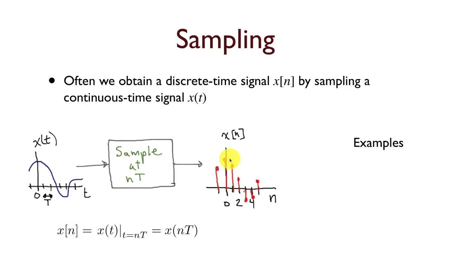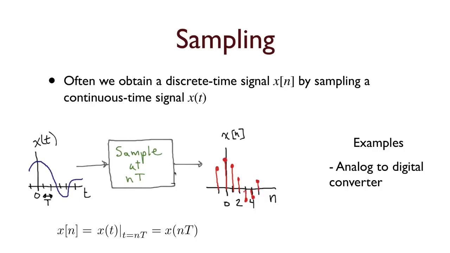And the amplitude of the dependent variable is given by the sample of the corresponding continuous time signal. Now what I'm illustrating here is something that we might call an analog to digital converter, and that's the essence of converting from continuous to discrete time.